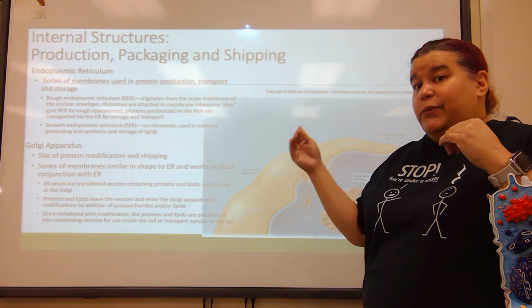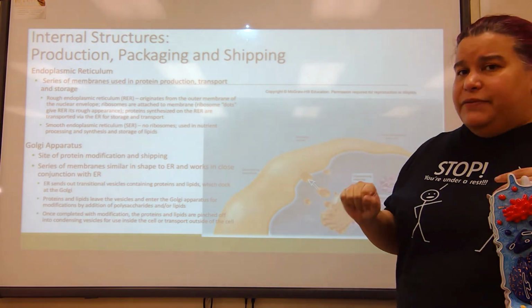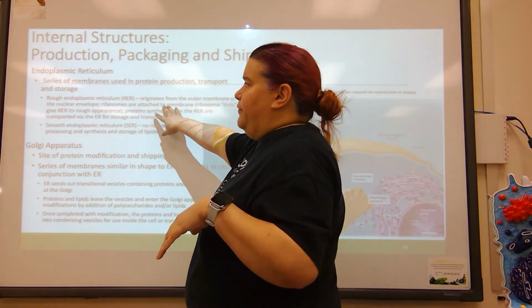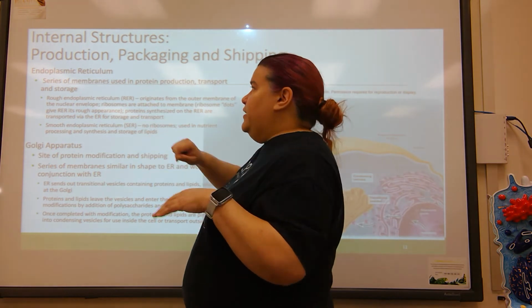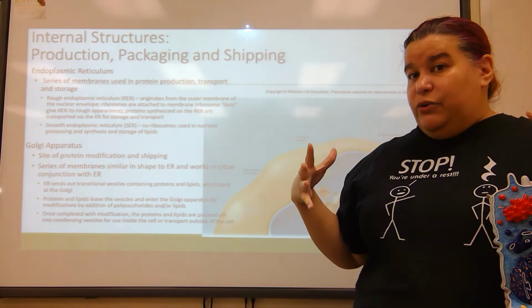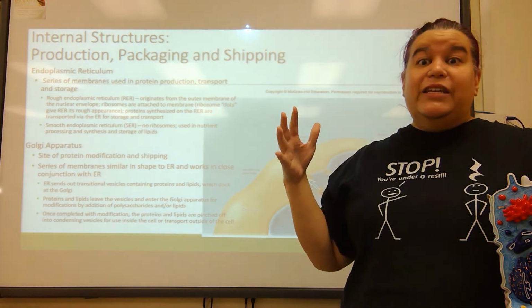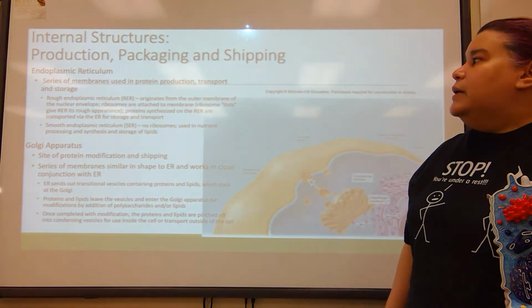We're going to put it away until we need it later. We have two types of endoplasmic reticulum, rough and smooth. Rough endoplasmic reticulum originates from the outer membrane of the nuclear envelope. So it literally is continuous with the nuclear envelope.